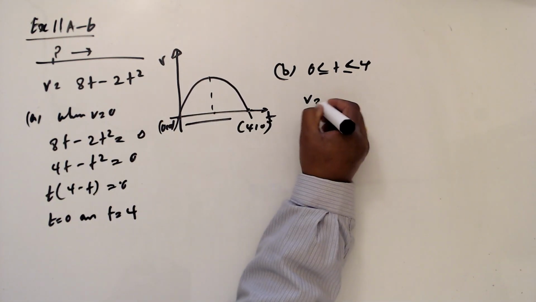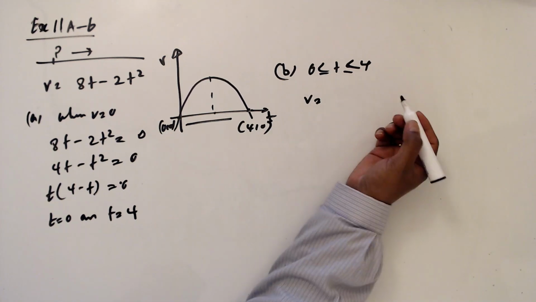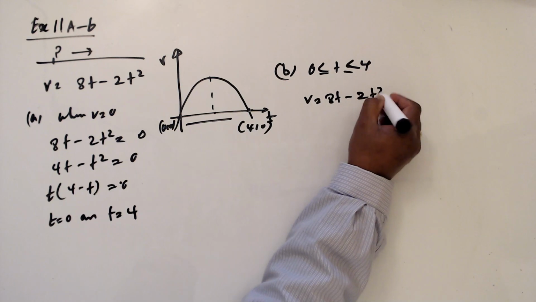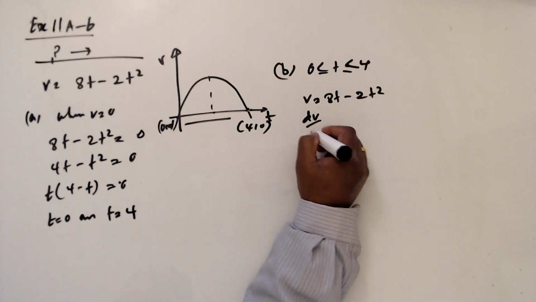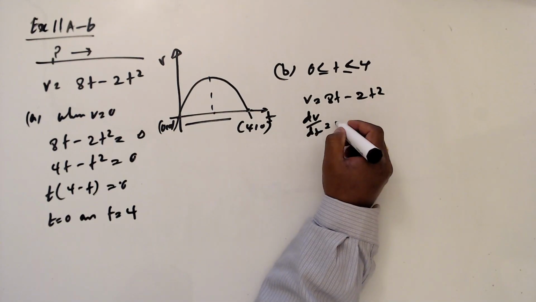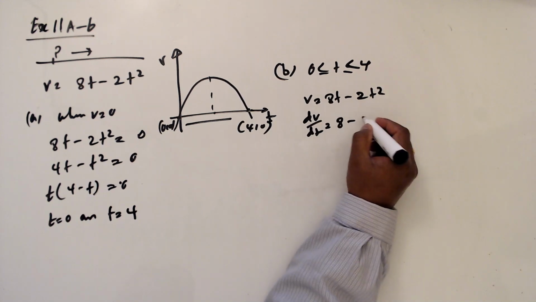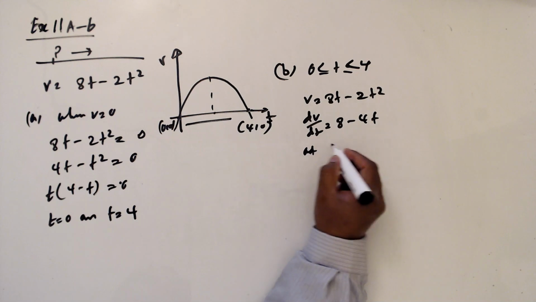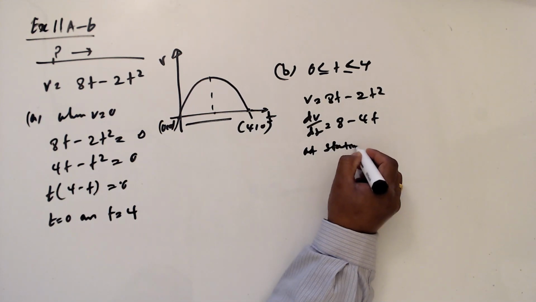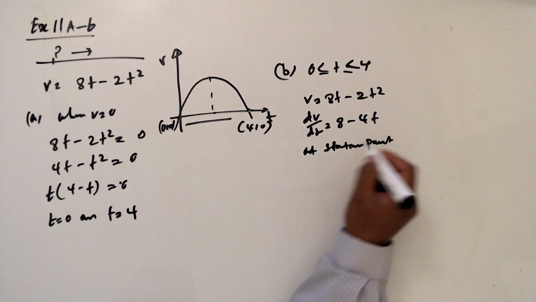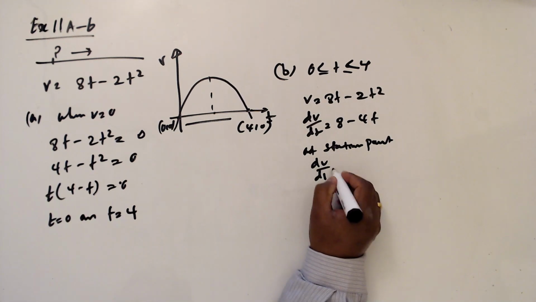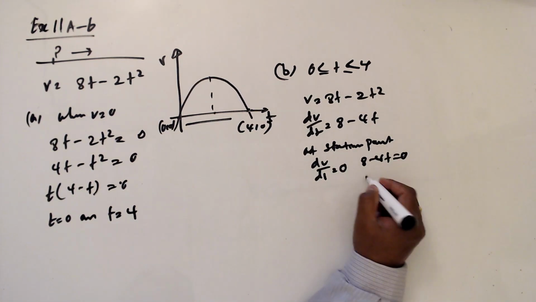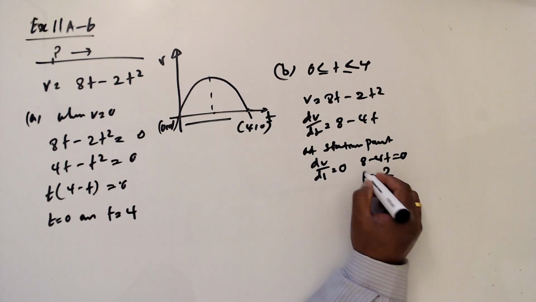We can get it in two ways, either completing the square or differentiating. This one I'll do by differentiating. dv over dt equals 8 minus 4t. So at a stationary point, dv over dt equals 0. That is 8 minus 4t equals 0, t equals 2.